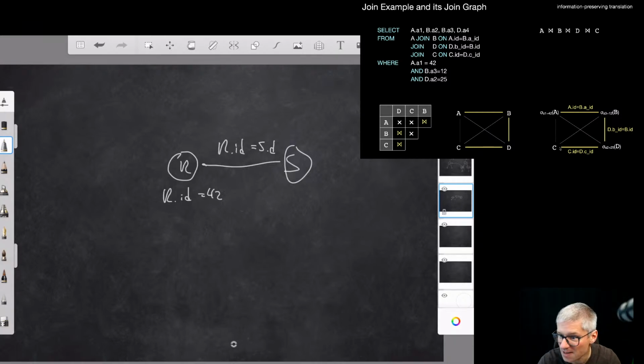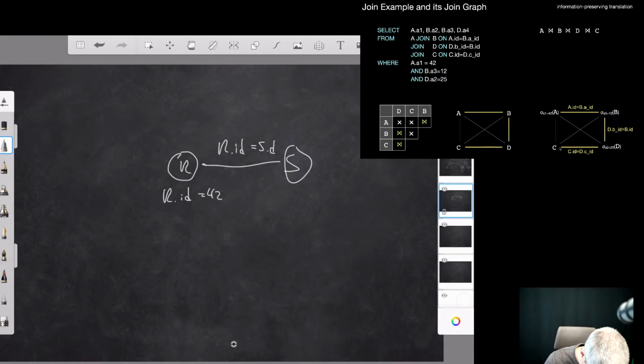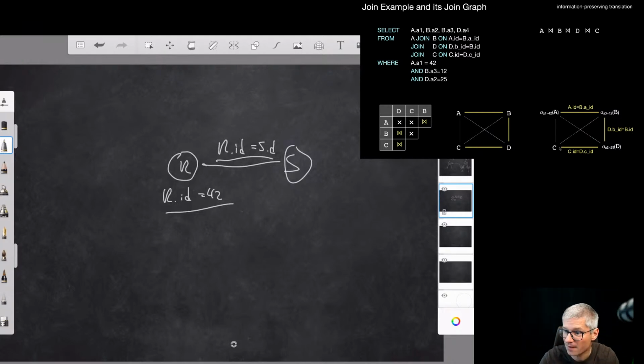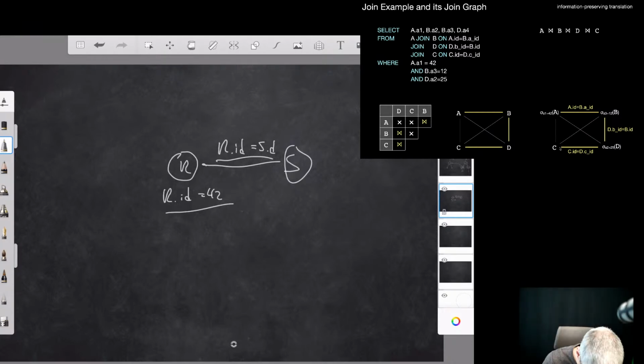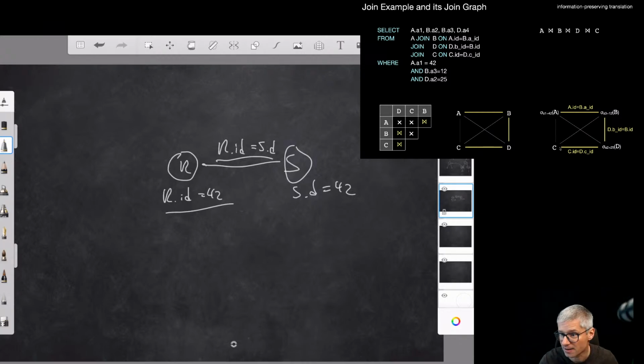What does it mean? That means that you can combine those two. r.id equals 42, only then it qualifies. And r.id equals s.d, so you can transitively add another filter condition to S saying that s.d equals 42 as well. And you can already exploit that when creating subplans of size 1, of course. So that's the type of rule that still makes sense.